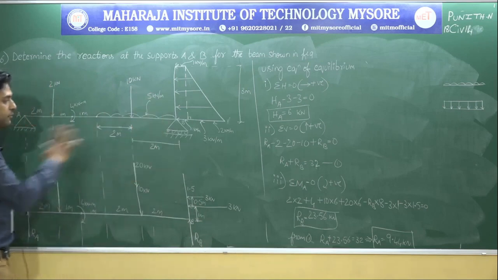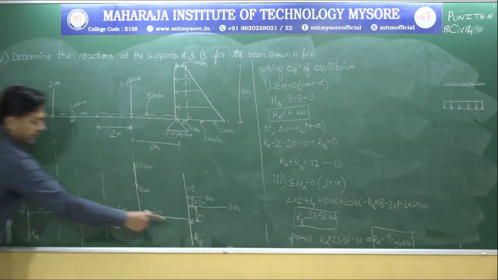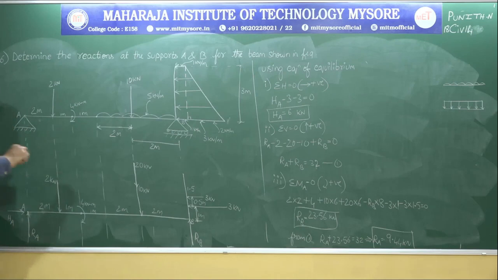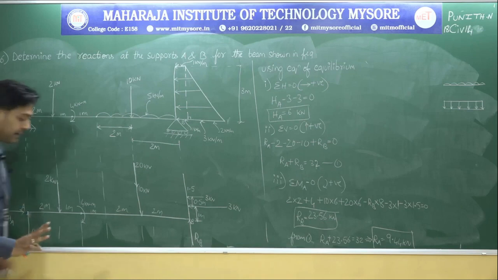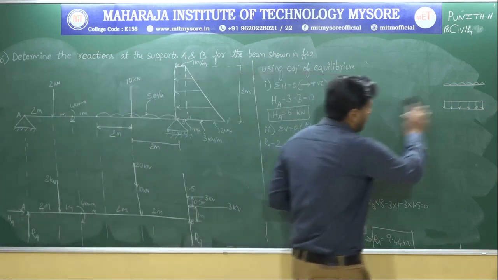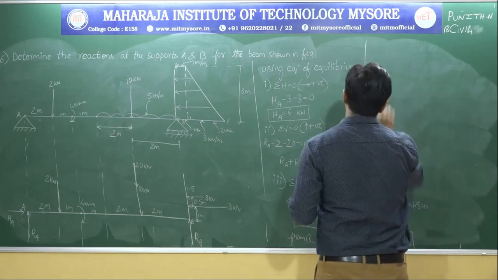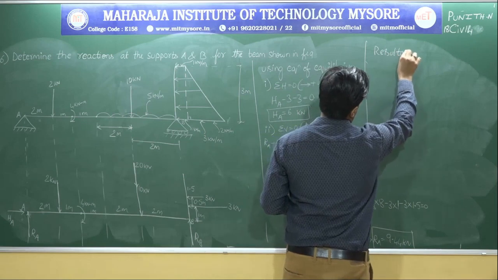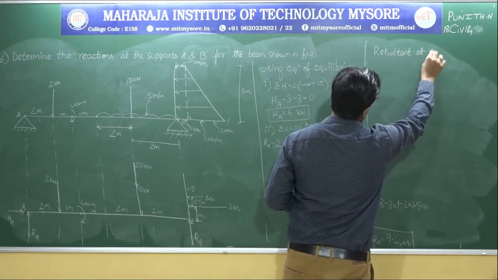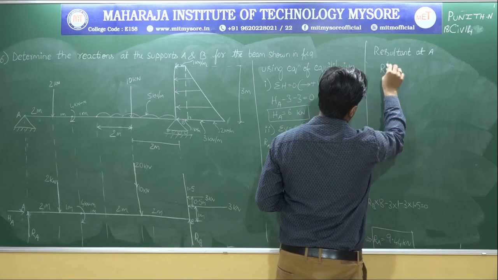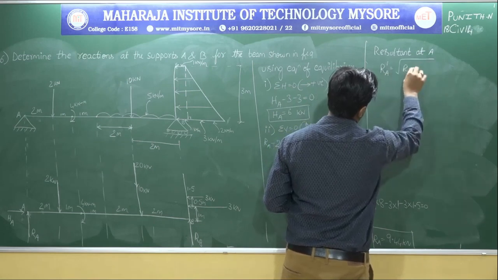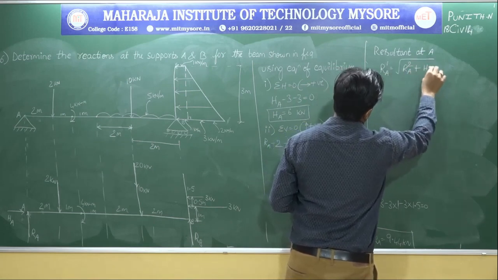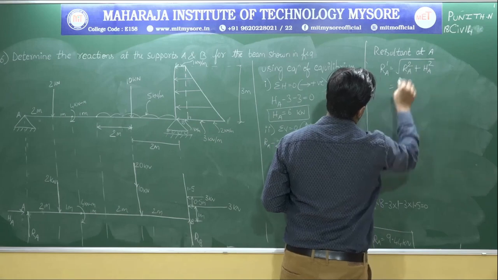Okay, we have calculated the support reactions, that is HA, RA and RB. But from the starting only I am telling that at a support, when you are having two values and both the values are known, you need to calculate the resultant. So the resultant at A, RA dash I will be calling, which is given by the square root of RA square plus HA square.